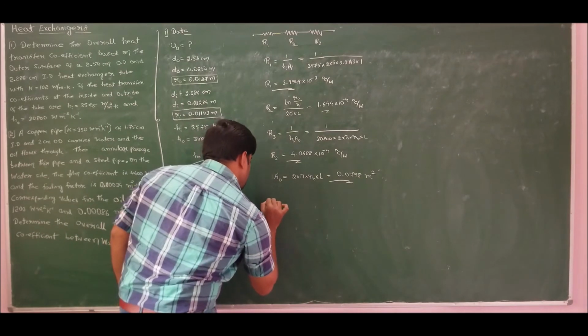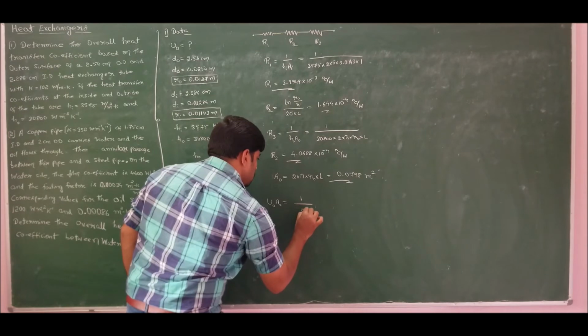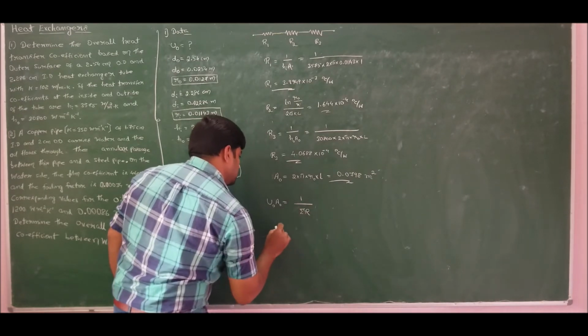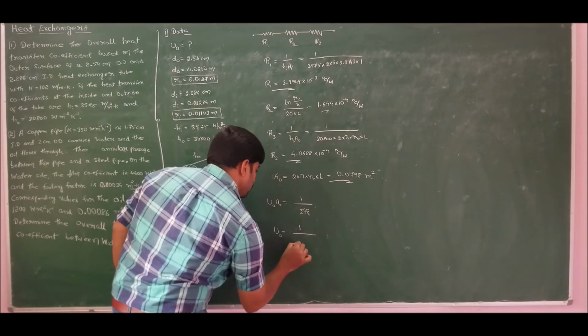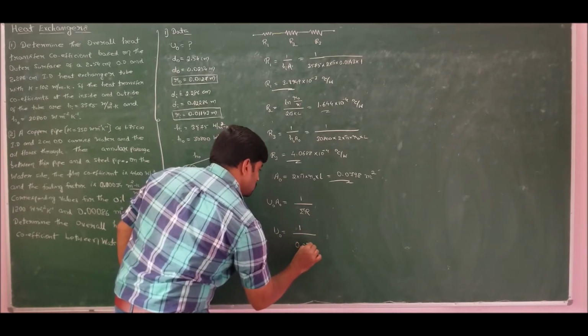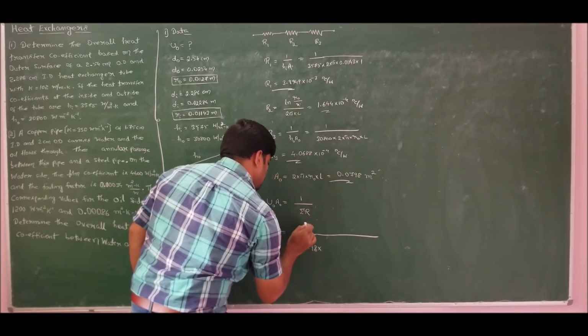Hence we know that U0 A0 is equal to 1 by sum of resistances. Hence U0 is equal to 1 by 0.0798 into sum of resistances.